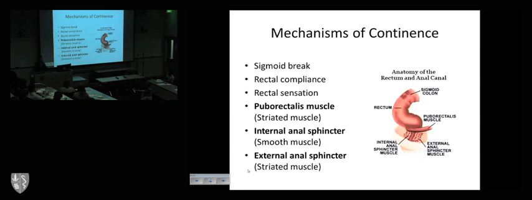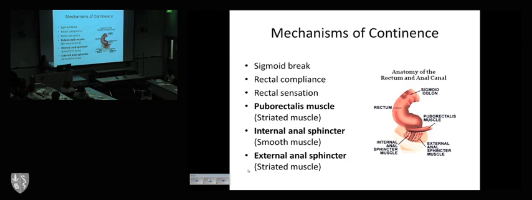And then there's the question of continence. There's a sigmoid brake. So the sigmoid colon actually contracts in a to-and-fro manner to prevent stool from going into the rectum and leading to fecal incontinence. There's the compliance of the rectum, or the pliability of the rectum.